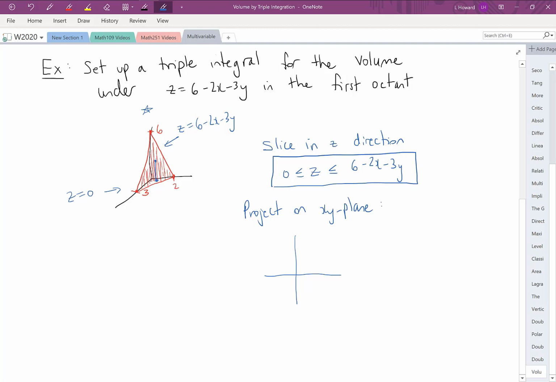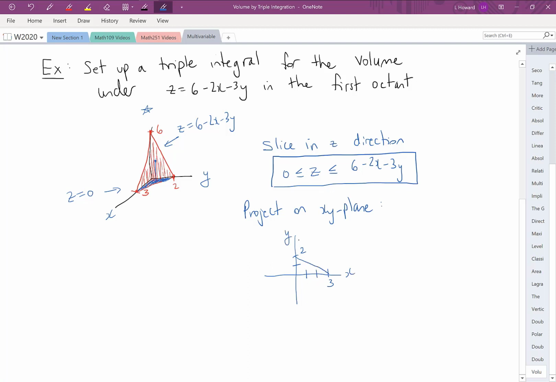So I think it would be helpful here to look at this triangle that's forming the base of our solid. See, it's got a y-intercept of 2 and an x-intercept of 3. And that triangle is actually going to be our projection on the xy plane. So let's see if we can redraw that in the xy plane. Y-intercept of 2, x-intercept of 3, and we're getting that triangle there.